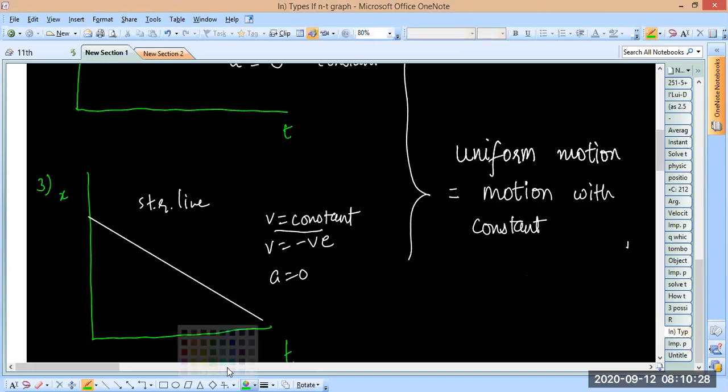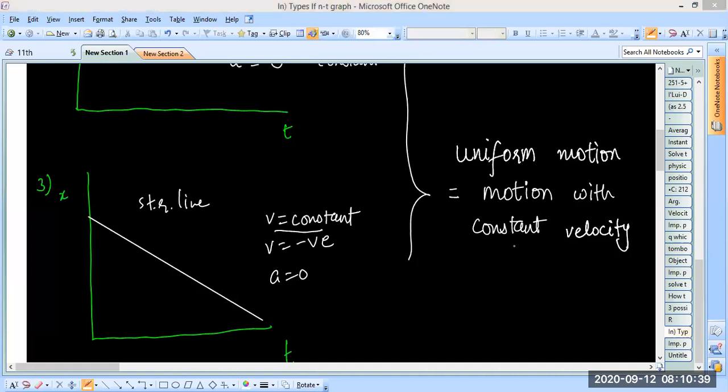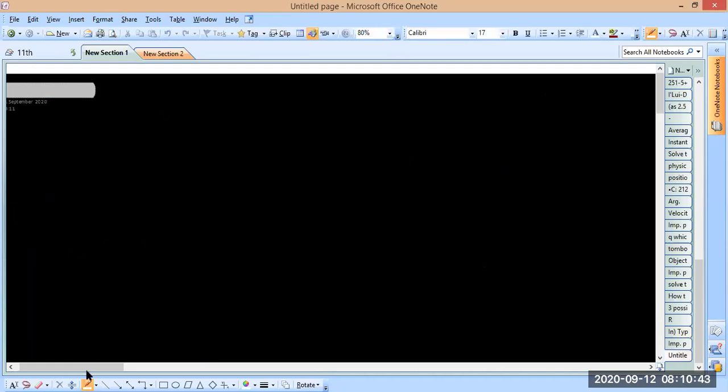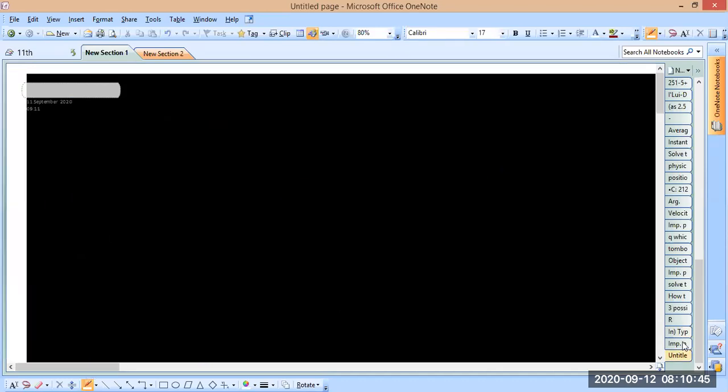Motion with constant velocity is called uniform motion. Okay, remember that. Velocity should remain constant. Only then.